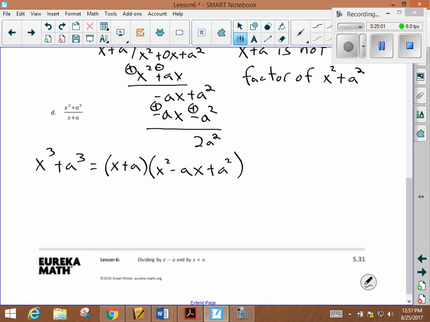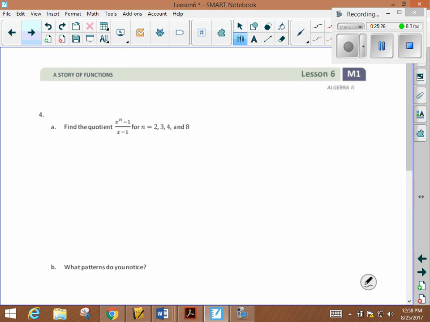So what does that mean? If I can express these the same, right? That means that x plus a is a factor of x cubed plus a cubed. And that's it. I mean, just because I can express this property, that means that it's true that I can divide those things.